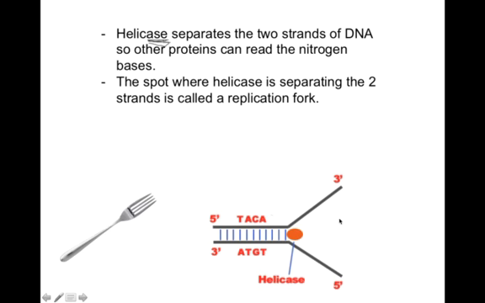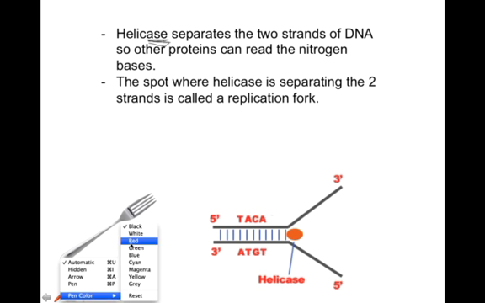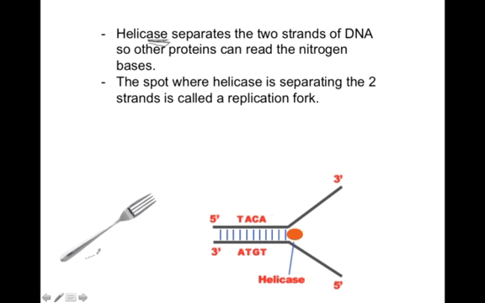The spot where the helicase separates the two strands is called the replication fork. And no, we're not talking about this type of fork right here. No, we're talking about this type of fork right here, like a fork in the road.